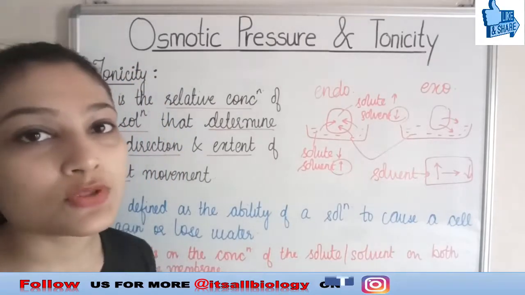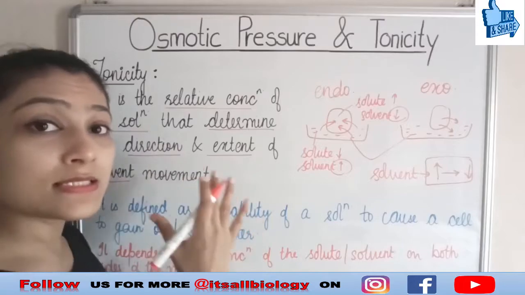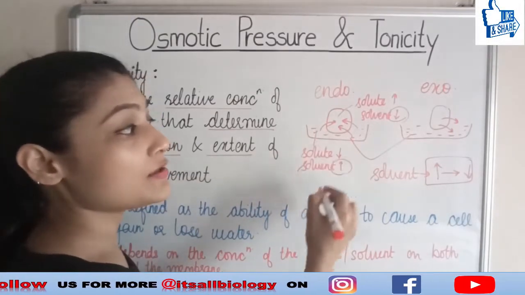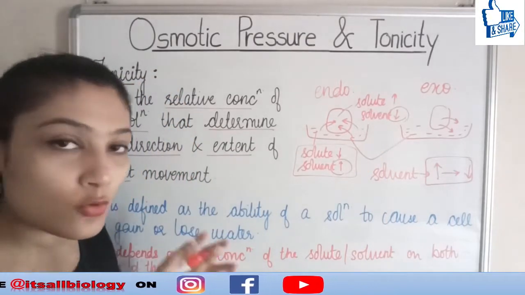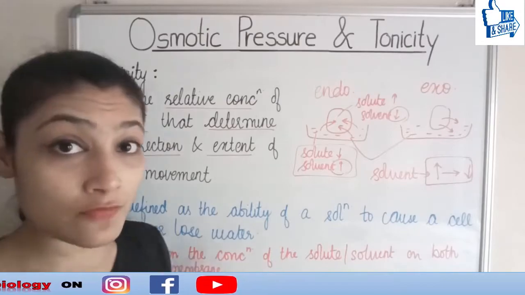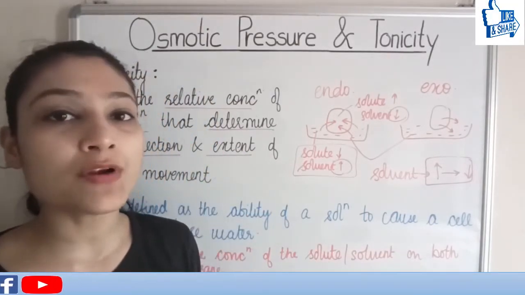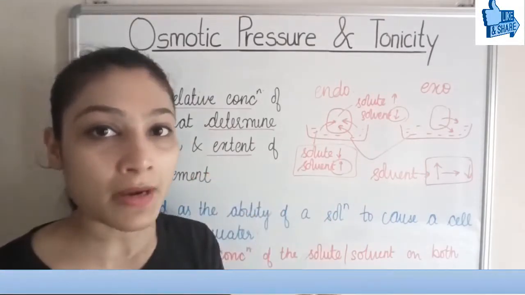And it is opposite for exoosmosis. The direction is determined only when I know the concentration of the solution. How much solute is there, how much solvent is there, only then the extent and the direction of movement of solvent are going to be determined.